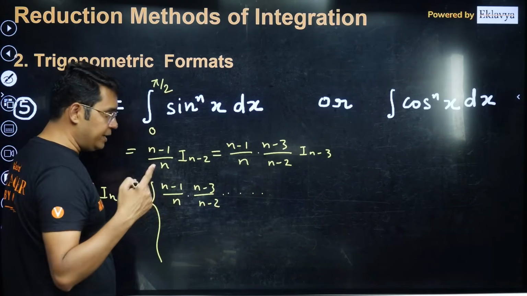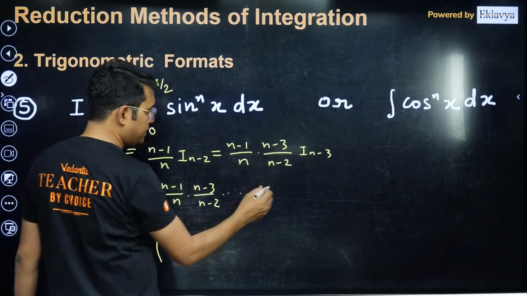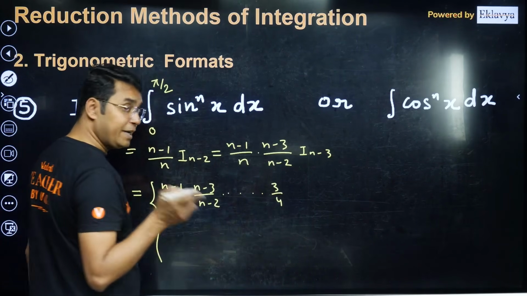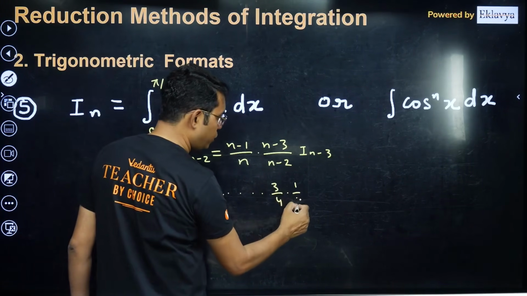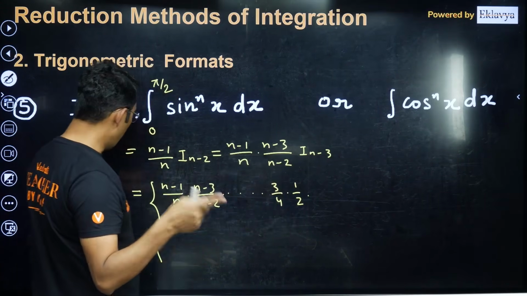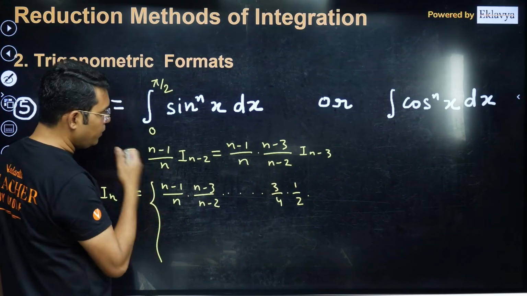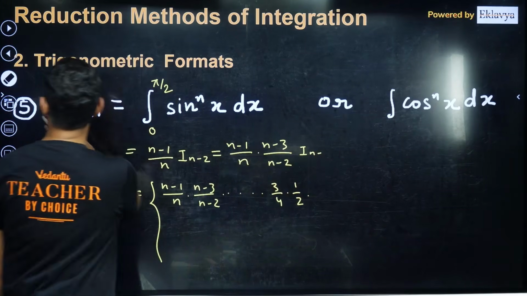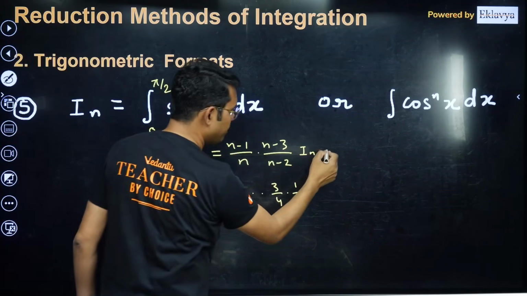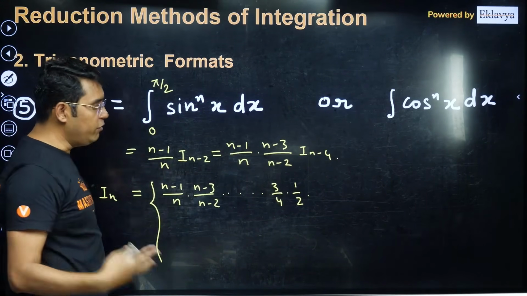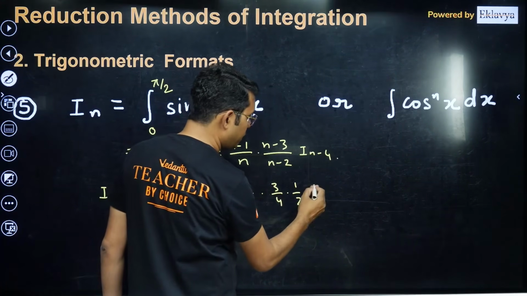If n is even, the numerator in your second last term will be 3, the denominator 4, and then it will be 1 upon 2. And then it has to be I naught. I made a mistake here also; this would be I_{n-4} because we are reducing it by 2 every time. So here it will be I naught.